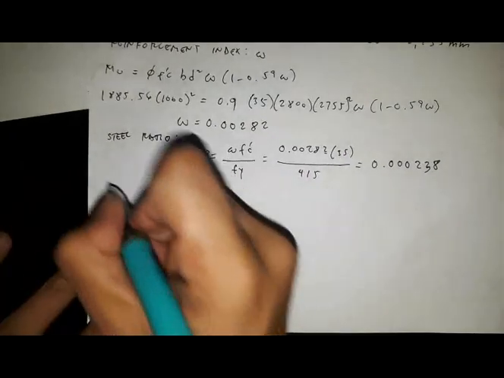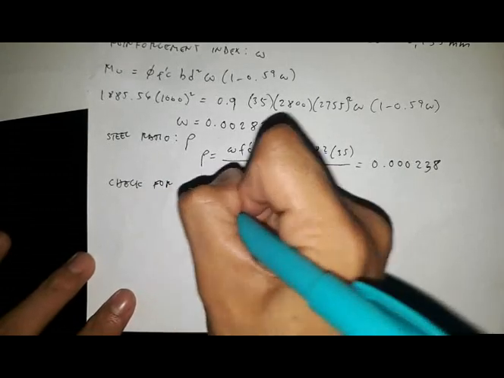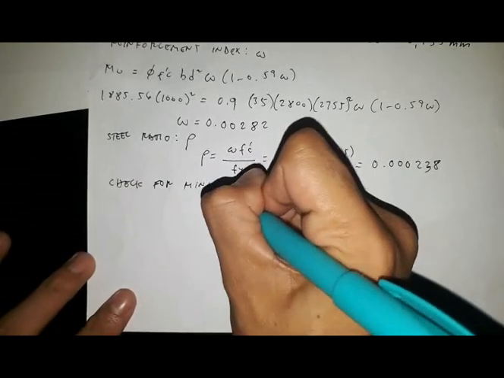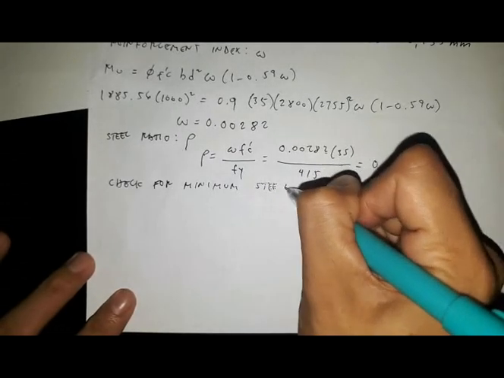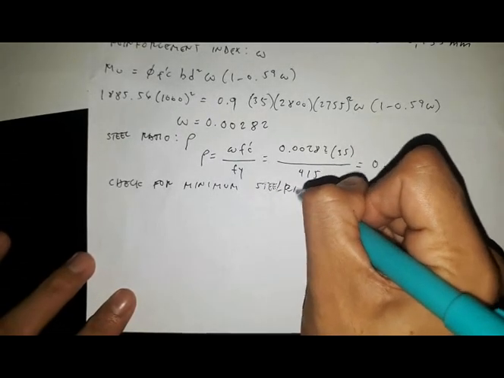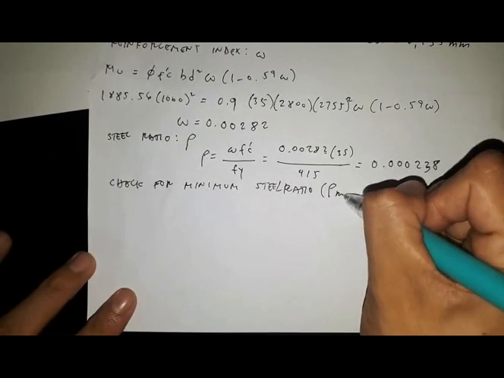Now let's check for minimum steel ratio or the rho minimum.